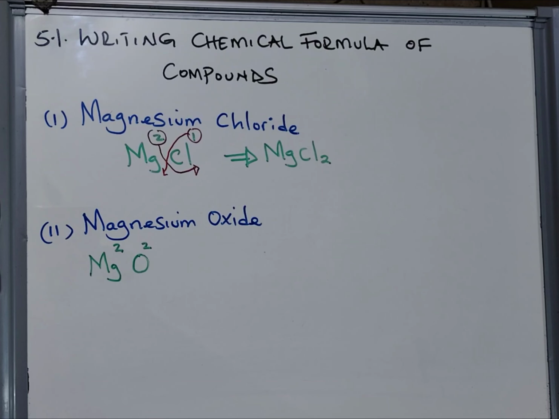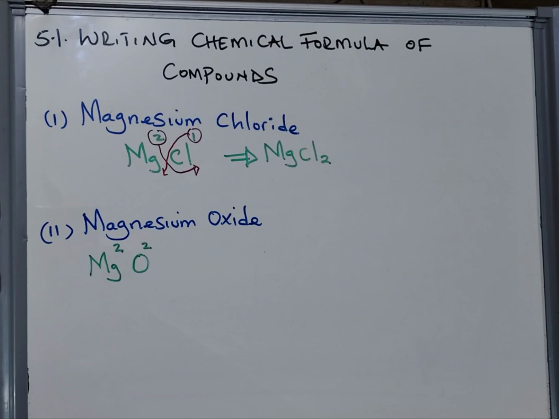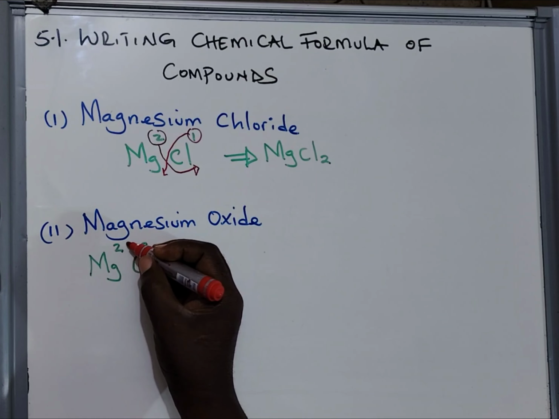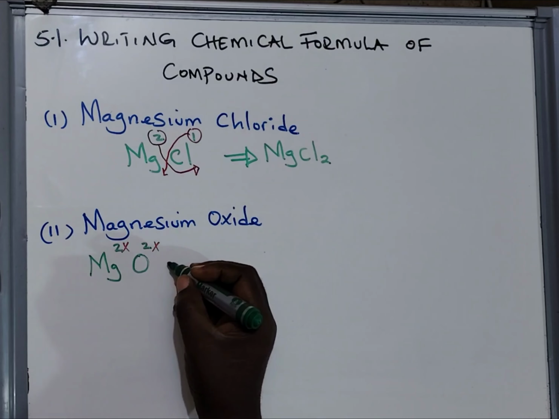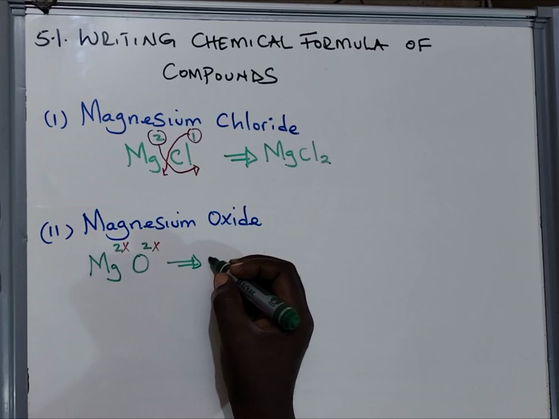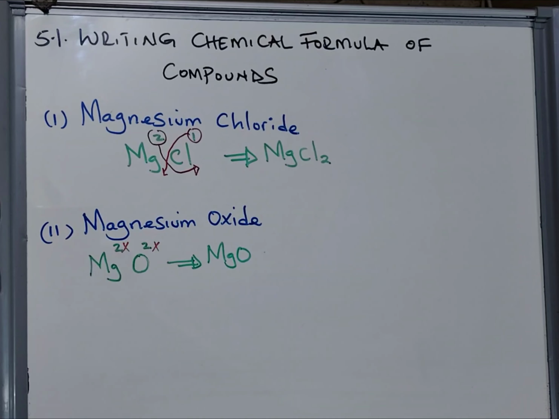Now, what do you do when you have them the same? What you do is that they cross out. They don't appear. So, what will form is going to be MgO. Those similar ones cancelled out.